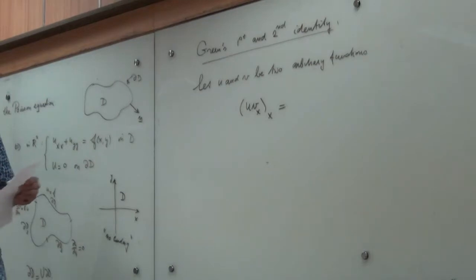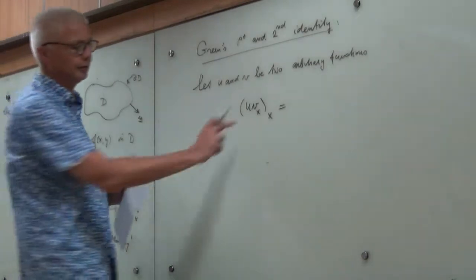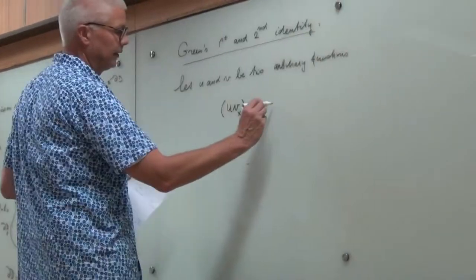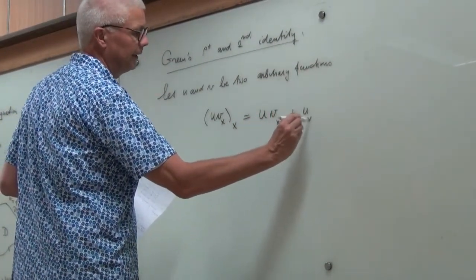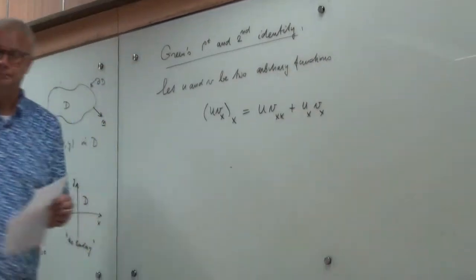Let's consider this quantity, U Vx differentiated with respect to x. What do I get? I will get U Vxx plus Ux Vx.